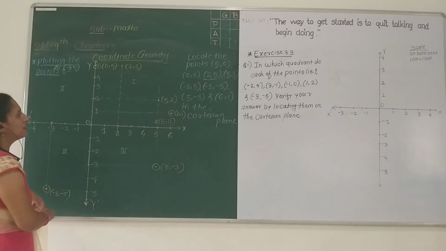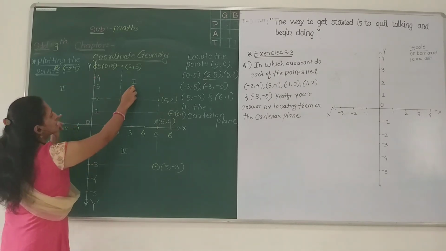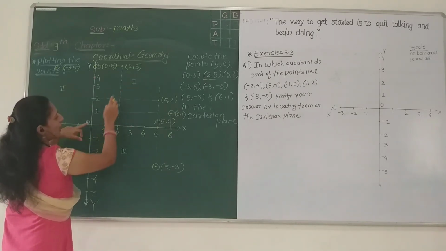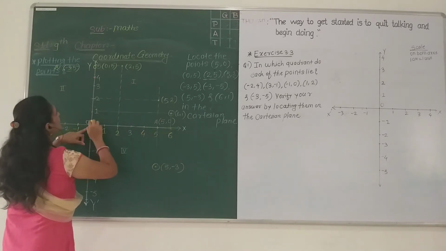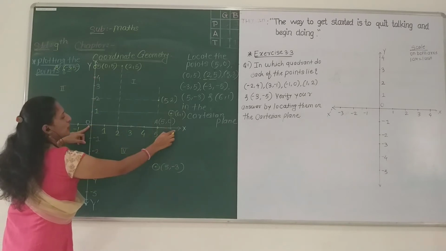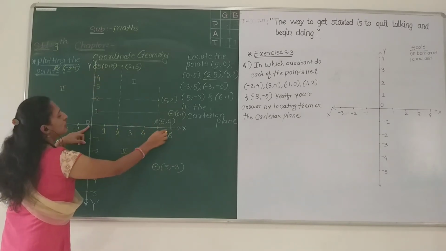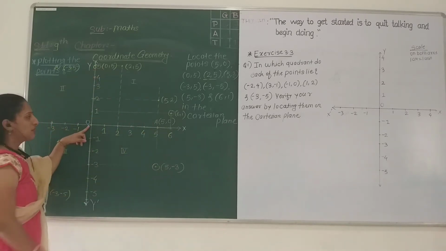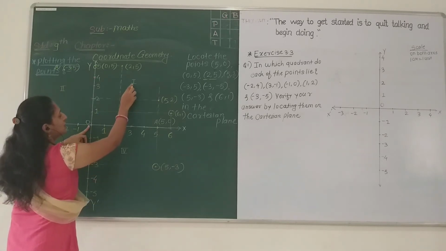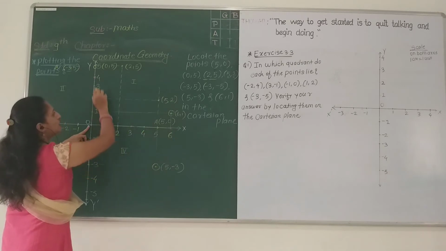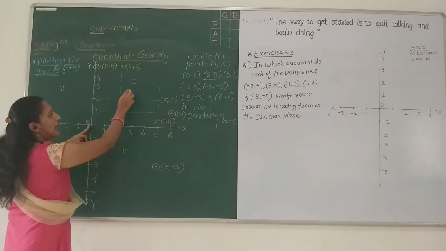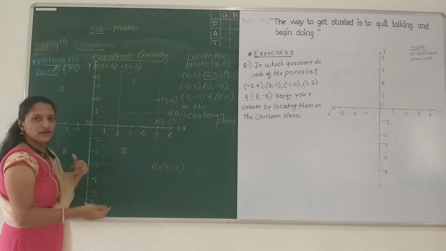Now look at the first quadrant. The first quadrant is enclosed by OX and OY, both positive directions.